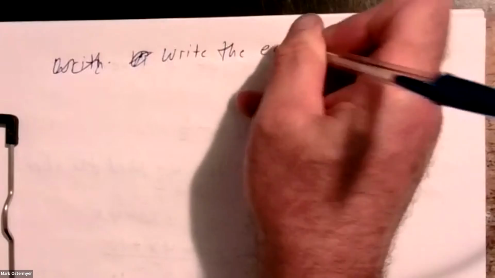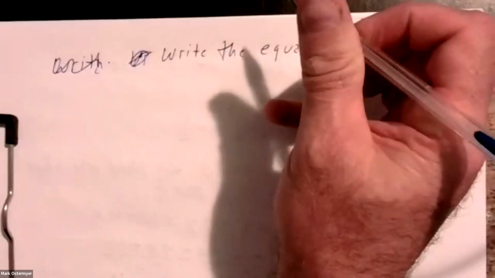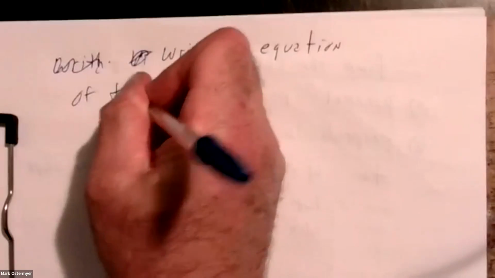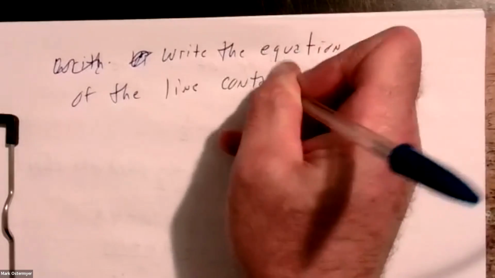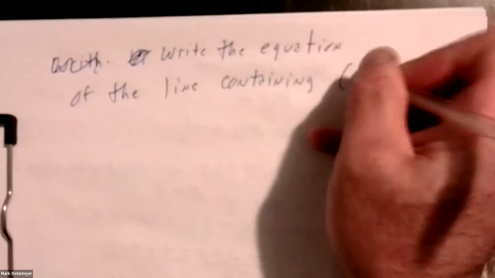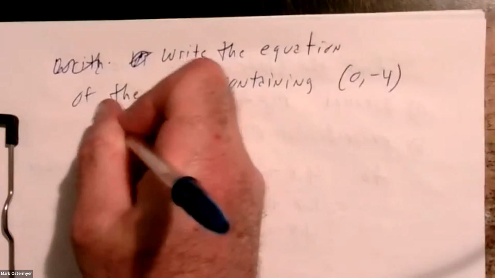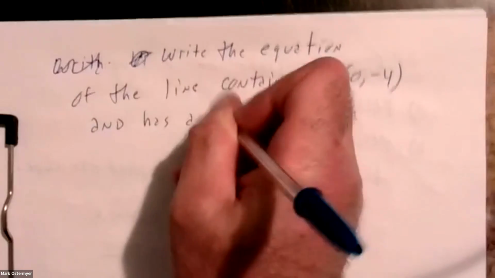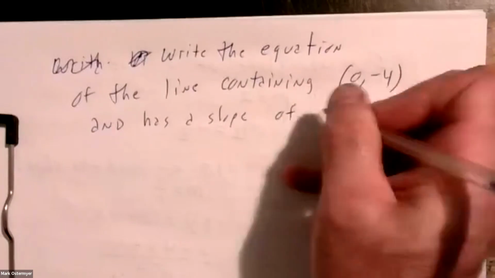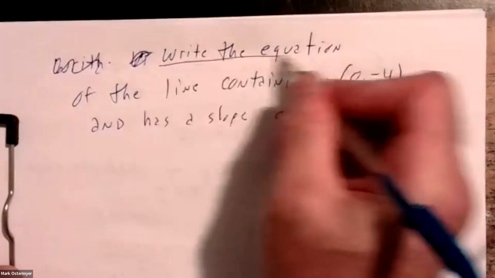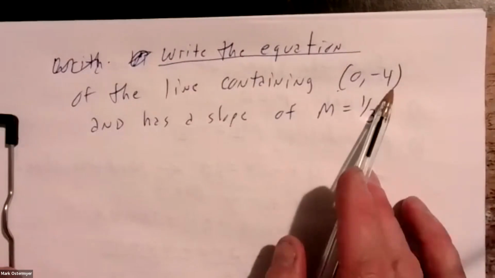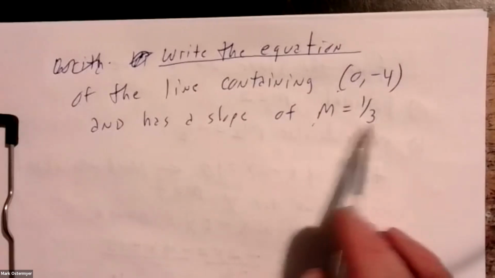So we're going to write the equation of the line containing, suppose my line contains this ordered pair (0, -4), and has a slope of 1/3. So my job now is to write an equation of this line that contains this point, in other words, passes through this point, and also has this slope.